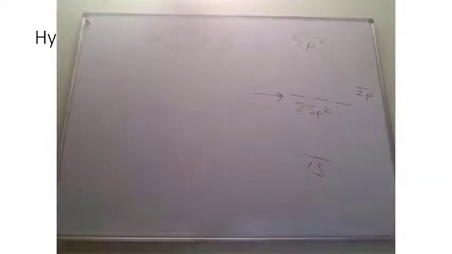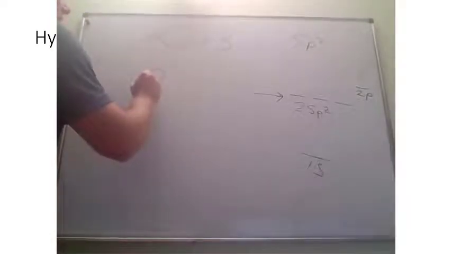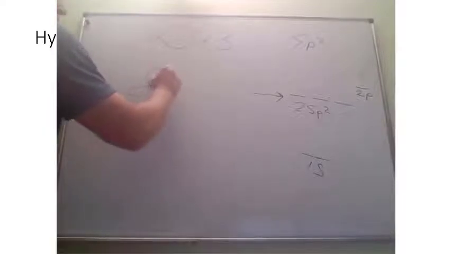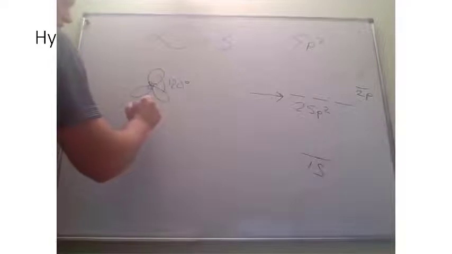And they want to orient in space as far apart as possible from each other within that 360-degree spherical shape. We know by our VSEPR theory that those three are going to orient in space 120 degrees apart from one another in this trigonal planar geometry.